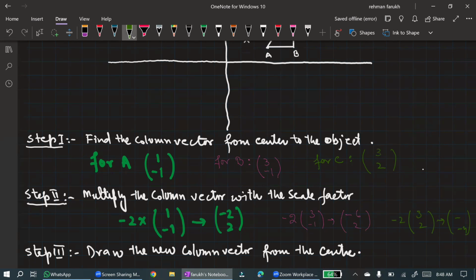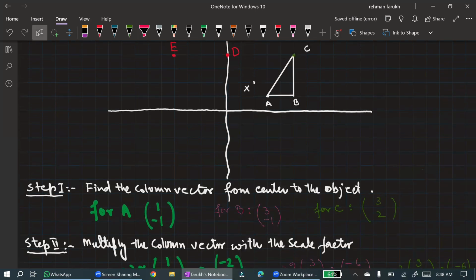3, 2 multiplied by minus 2 gives minus 6 and minus 4. Stand at X and draw the column vector minus 6 and minus 4: 1, 2, 3, 4, 5, 6, and minus 4.